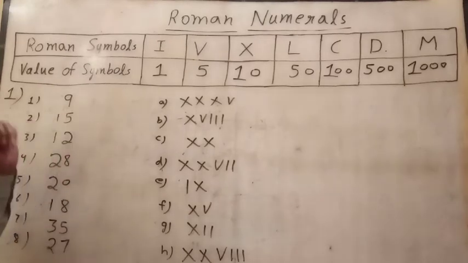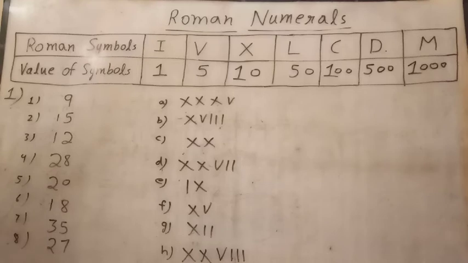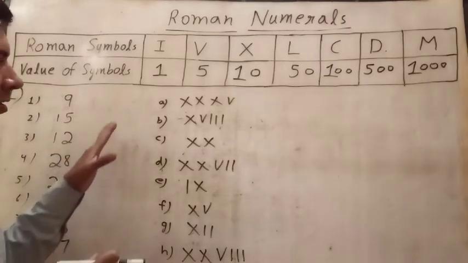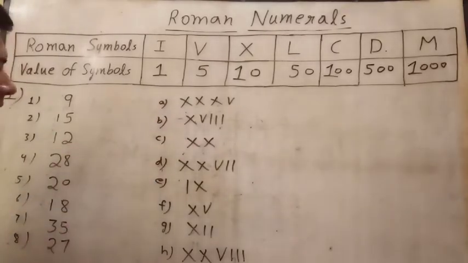First question of exercise 1F. Roman numeral, match the following. You have to do it in your book. But how? See here, student, I have written 1, 2, 3, 4 and A, B, C, D, so that you mark the numbers; you write the numbers instead of drawing the lines.